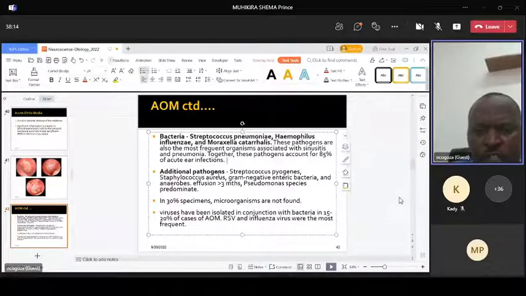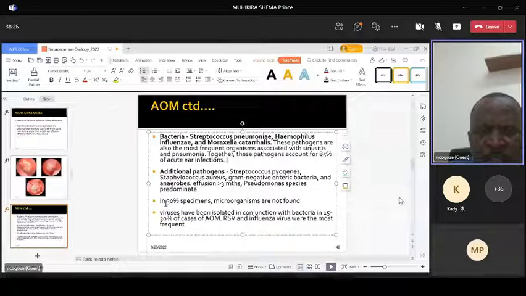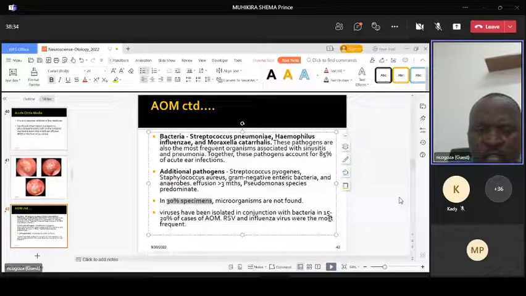So other pathogens, you can also have Staphylococcus and so on. But what you have to keep in mind is that in 30%, sometimes you don't find the organisms, and 15 to 20% is viral.